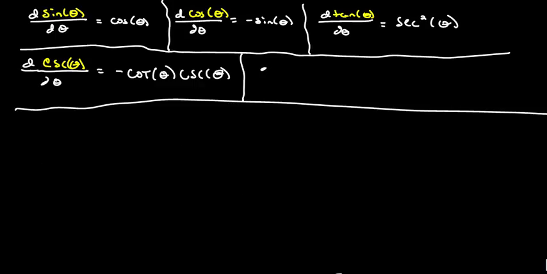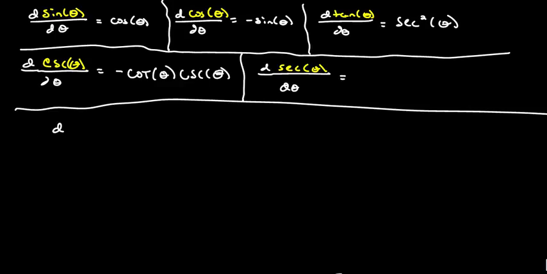So the next one I want is d d theta of secant. So again, secant is 1 over cosine.